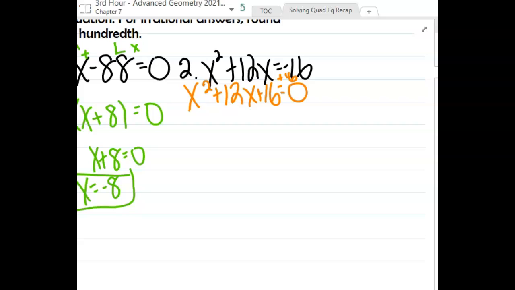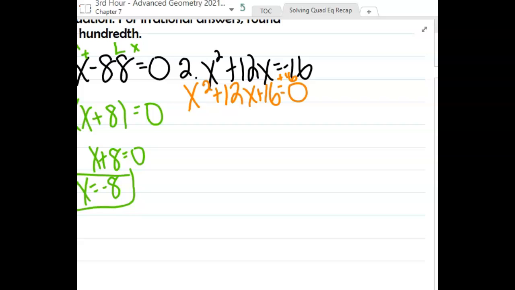What else multiplies to give me 16? 2 and 8. 2x and 8x can give me 10x. Is there anything else that multiplies to give me 16? 16 and 1, which would give me a 17x. Nothing works. I can't factor this one.